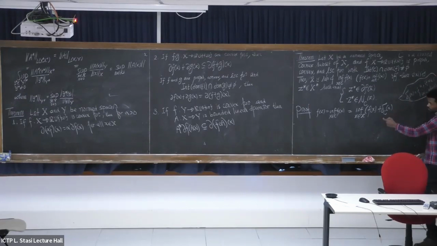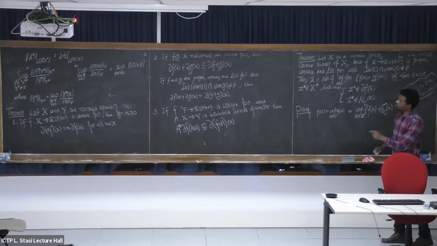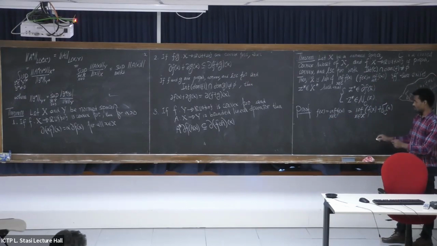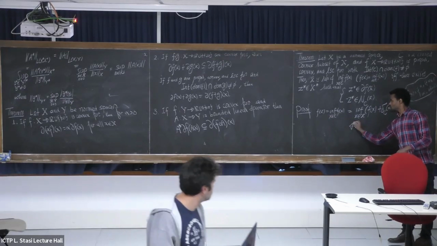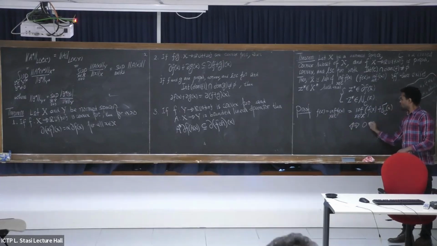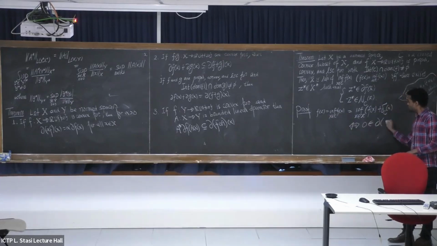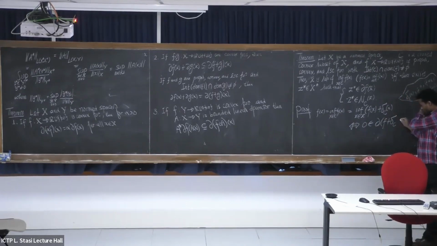So if this point is a solution of this one, by the first order optimality condition, this is true if and only if 0 is an element of the subdifferential of f plus the indicator function of C at x bar.